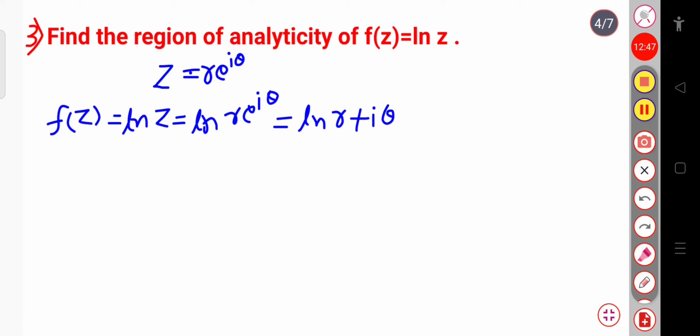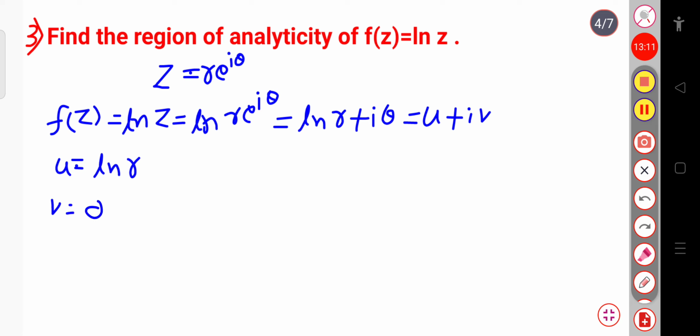You can see here we have separated the real part and the imaginary part. This is u plus i times v. Here you can see that u equal to ln r, and v is nothing but θ.